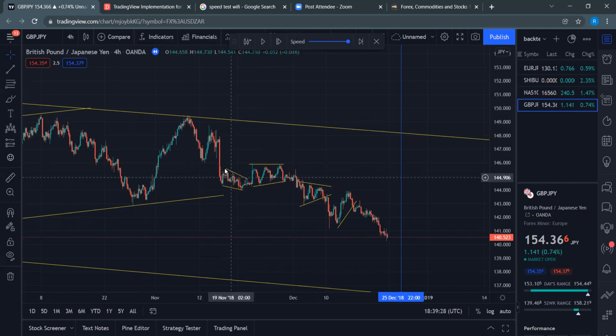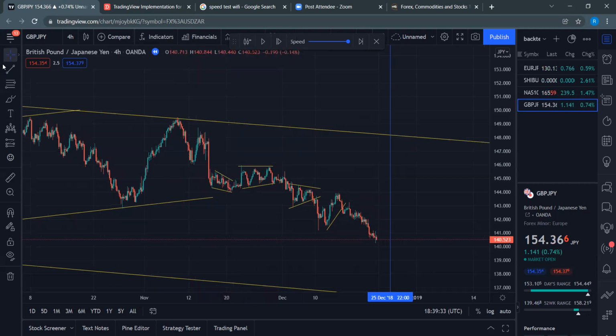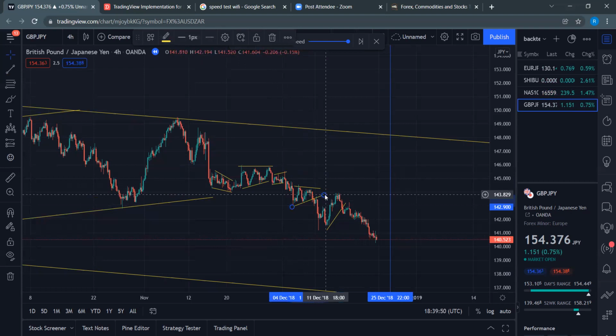So this thing needs patience. Like, it needs patience. You need to wait out the moves, you know. You can't just jump in, you know how we do. So here I'm just drawing in the corrections.